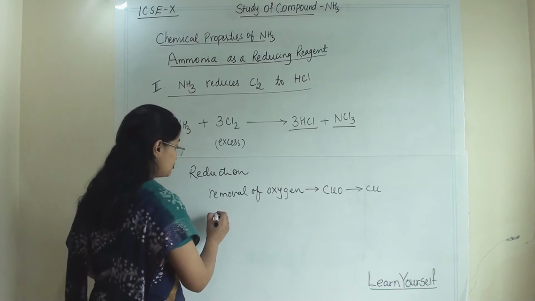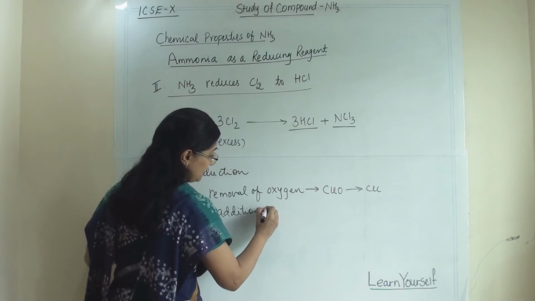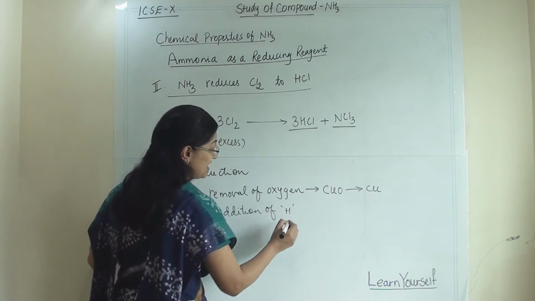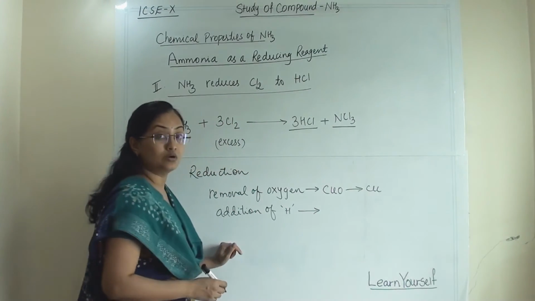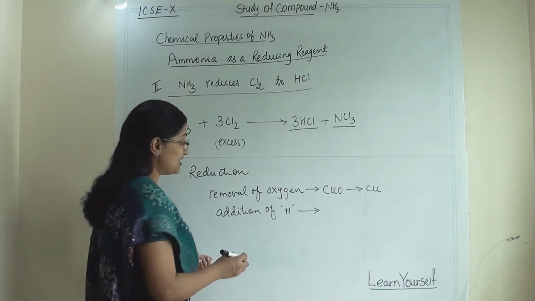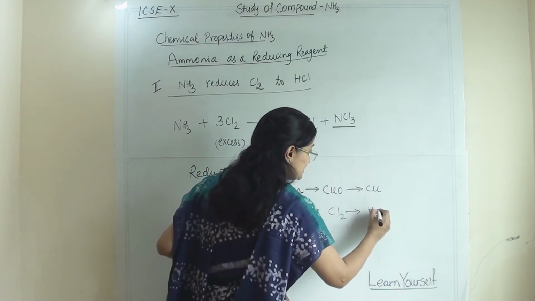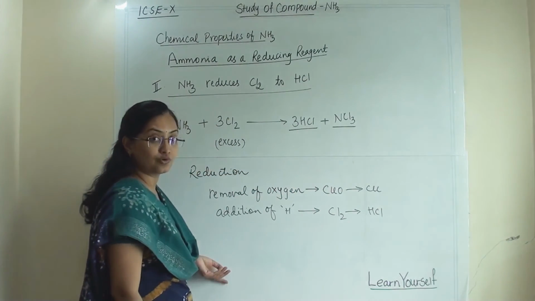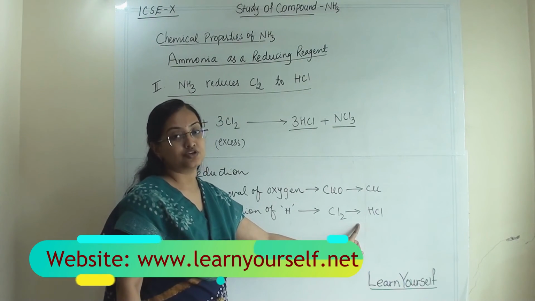Reduction is also an addition of hydrogen. When we add hydrogen to any compound, that is also termed a reduction reaction. So when Cl2, chlorine gas, is converting into hydrogen chloride gas, this is termed a reduction reaction.